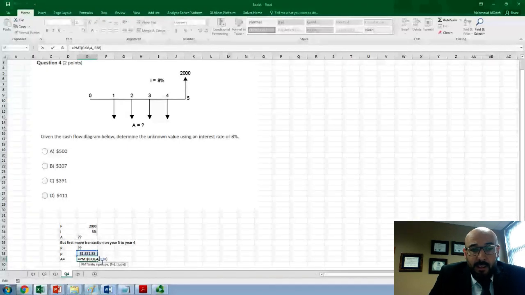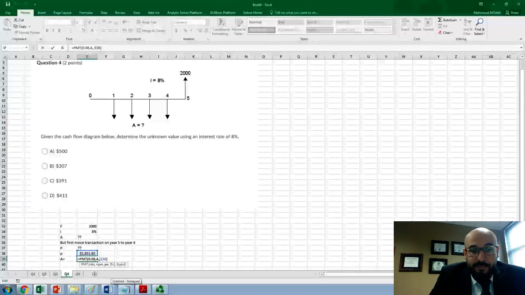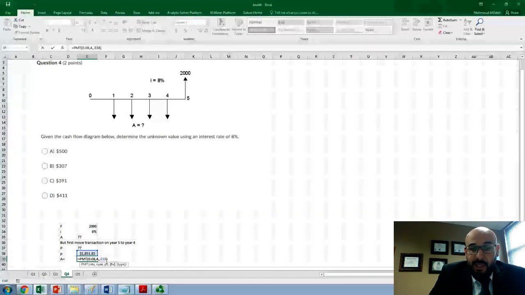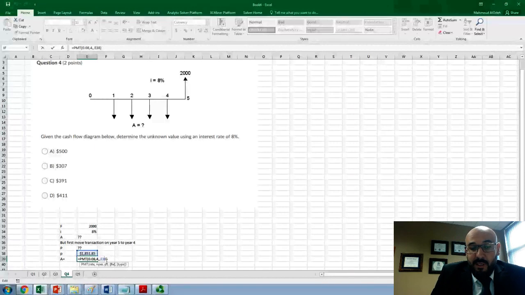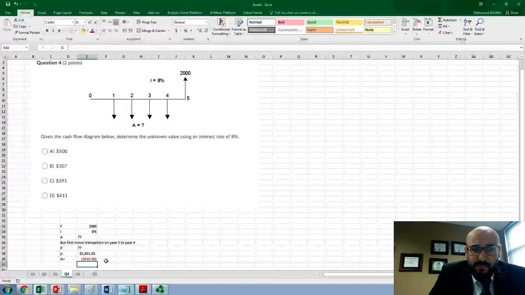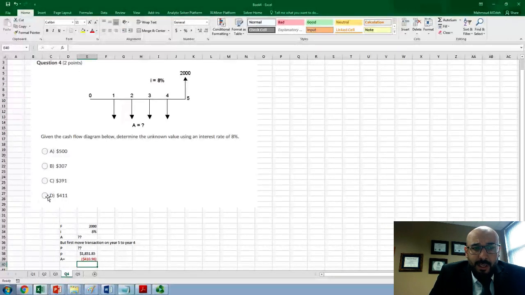Then the next would be the present value. We don't have that yet, so we add another comma just to skip that parameter, and the future value would be whatever amount we received on year 4. That would be 1851, the amount that we just found. So the answer would be 410. So in this case, you select the option D.